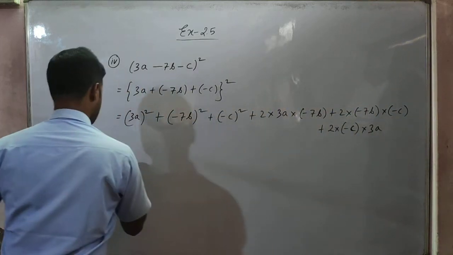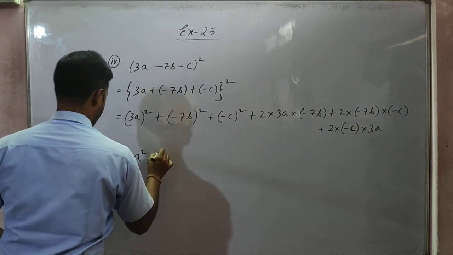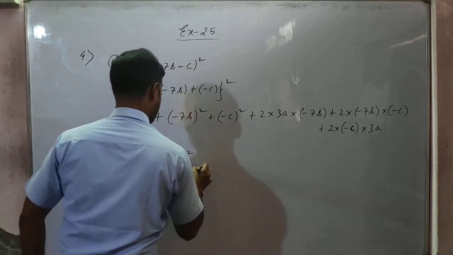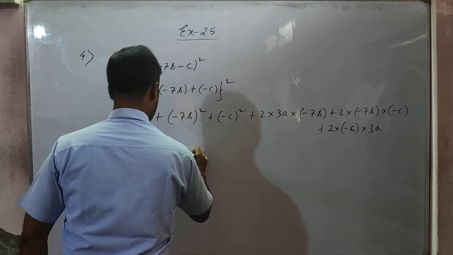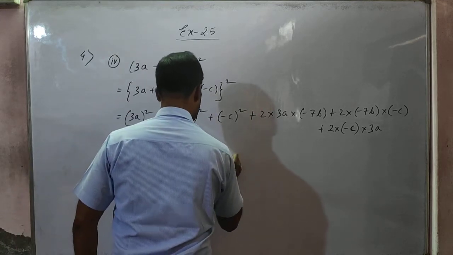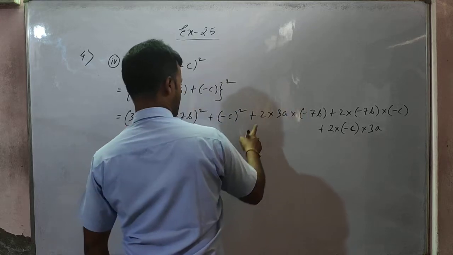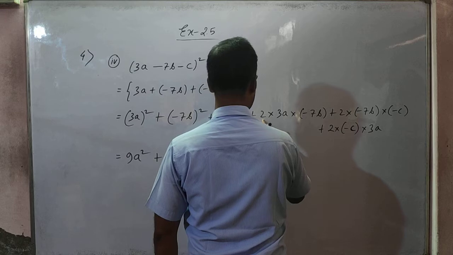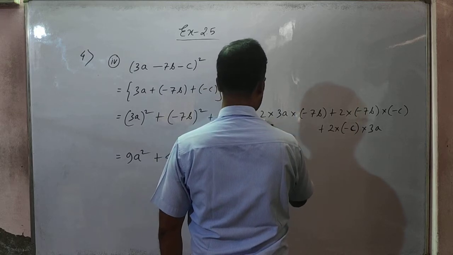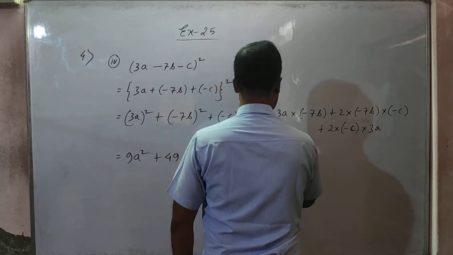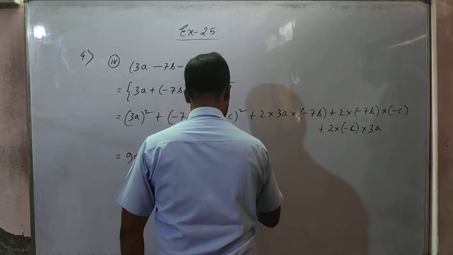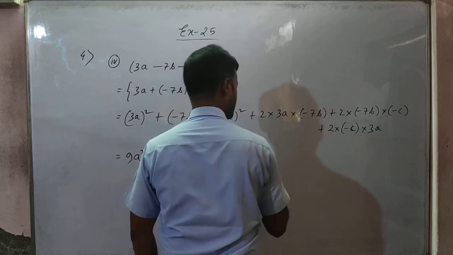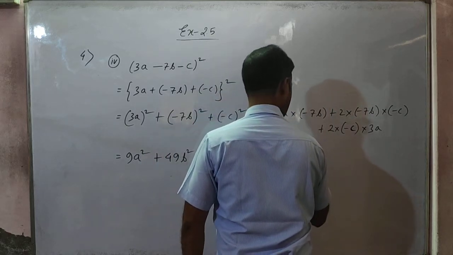So this will become 9a square plus 49b square plus c square. 2 3s are 6, 6 7s are 42, so this will be minus 42ab.